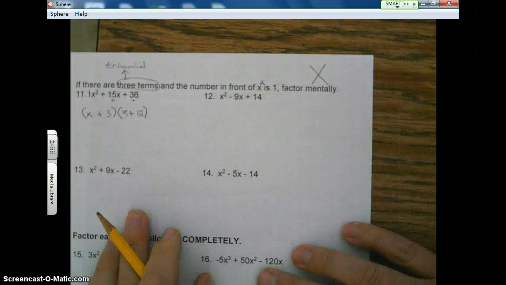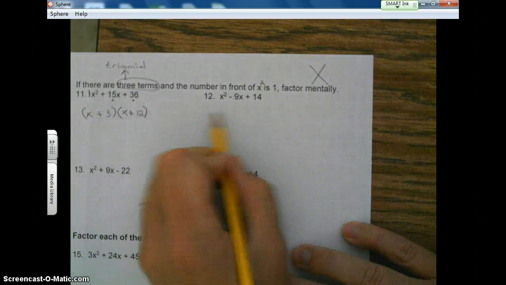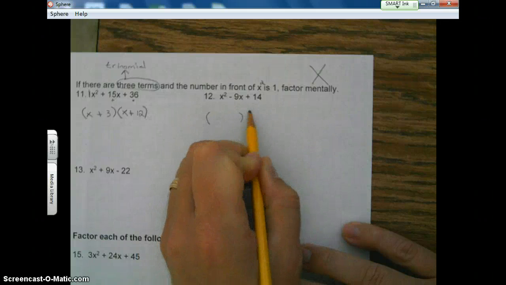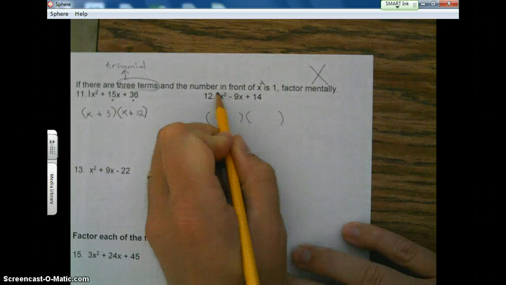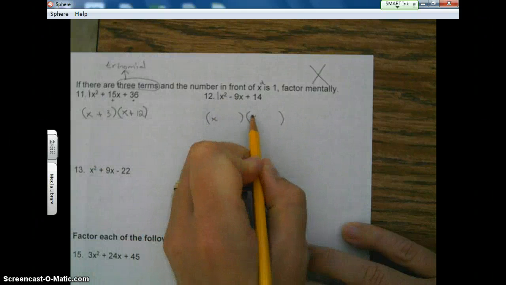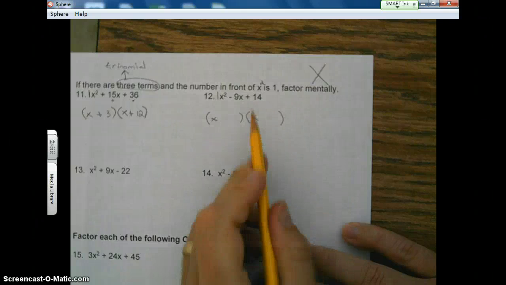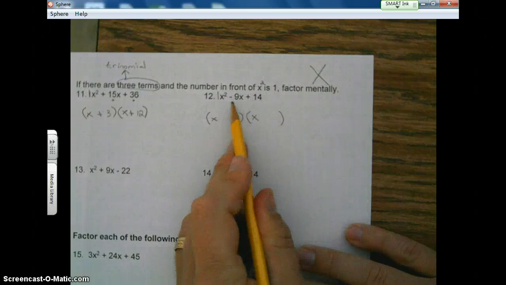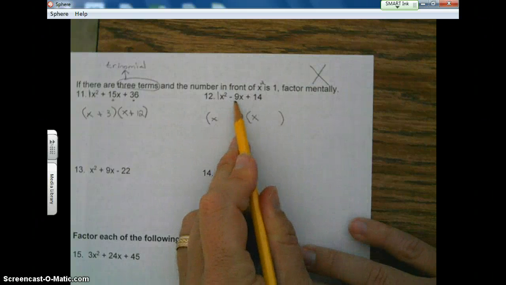Let's take a look at 12. A little bit harder. Okay. Same thing applies. The a value is 1, so we can just split up that x squared right away. So 2 numbers that multiply to give us 14 and add to give us negative 9.